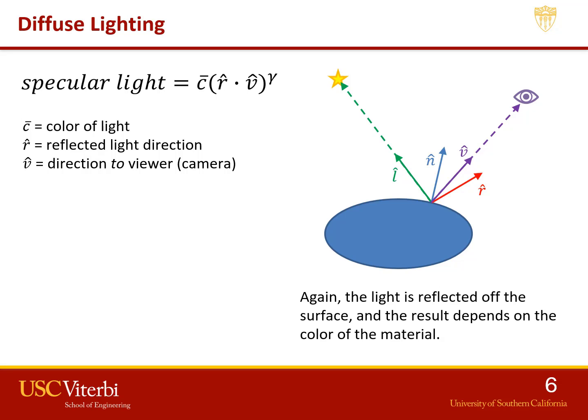If we want not a shiny surface, just a matte surface or a satiny surface, we will have a lower value for the gamma. And once again, that is the color of the light being reflected off the surface, and we will multiply that times the color of the material to say how much actually is reflected.